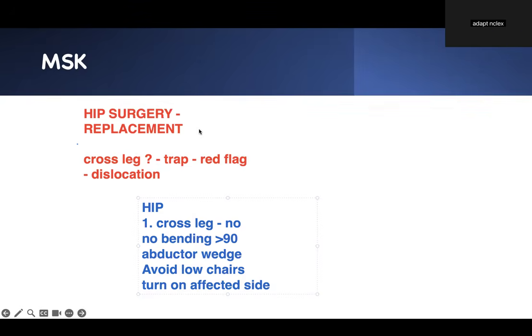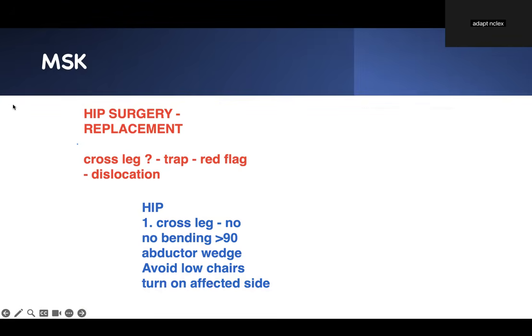Based on that, what do you think is the most common NCLEX complication after hip surgery? You see, they take your content and they flip it. The most common complication of hip surgery is the same thing: we want to prevent dislocation, and your question will be based on that. Dislocation is followed by DVT. Pay attention to these two things.